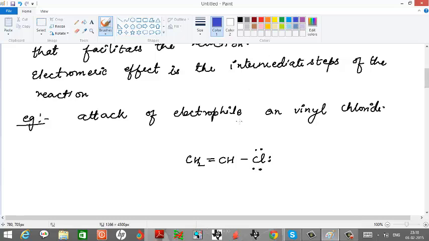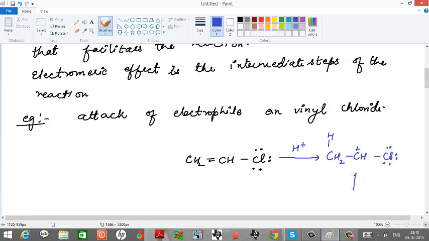Now again there are two possibilities. When the reaction happens in the presence of an electrophile, which can be a proton, a lone pair of electrons can shift towards the first carbon atom and the double bond will break, and this H positive will attach to the CH2, giving CH2 H, single bond CH positive, single bond chlorine.